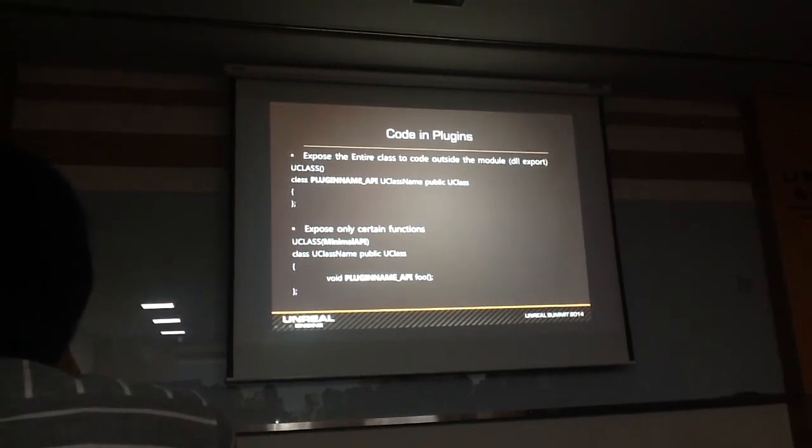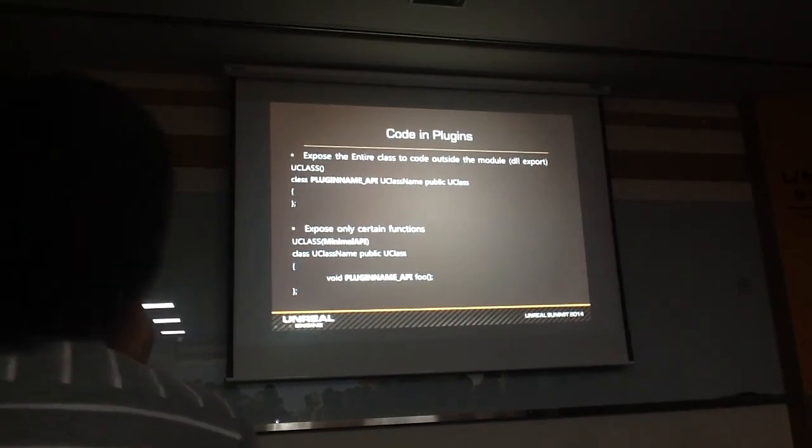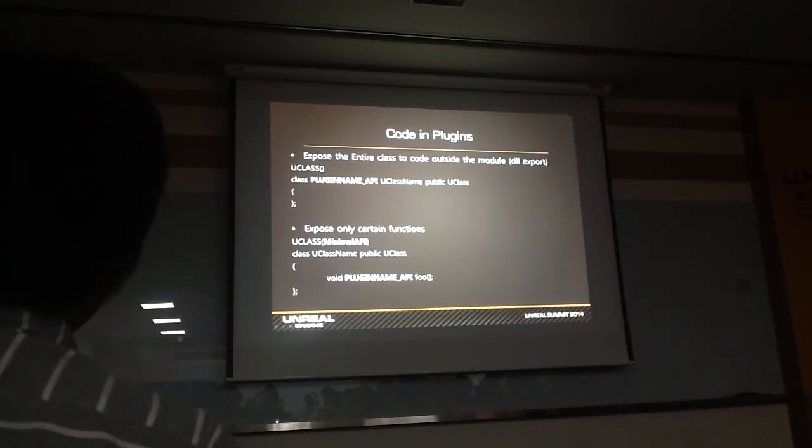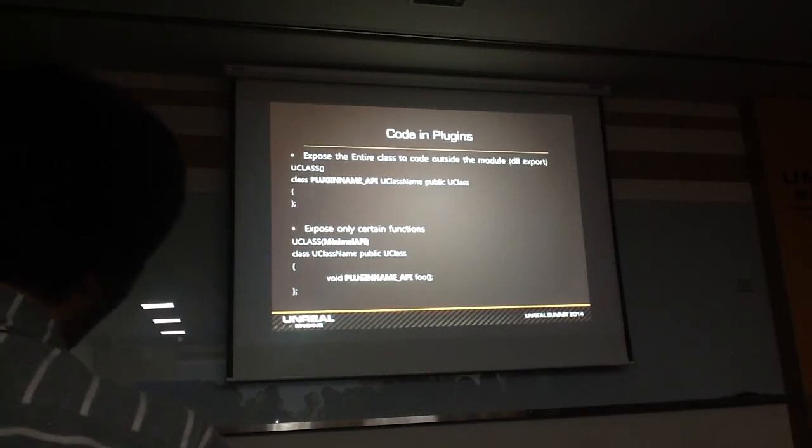You can then add any functions individually that need to be accessed directly by adding the same plugin API name. All you then have to do is statically link against the module from your game code.